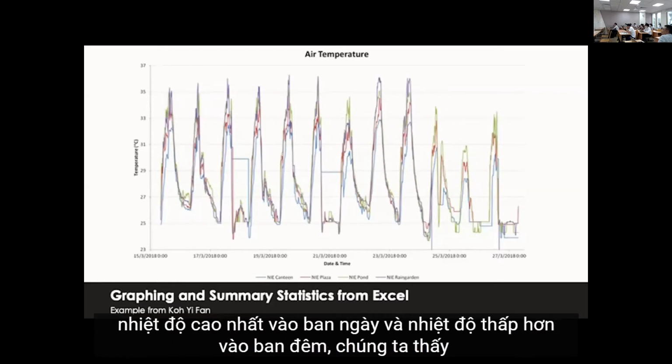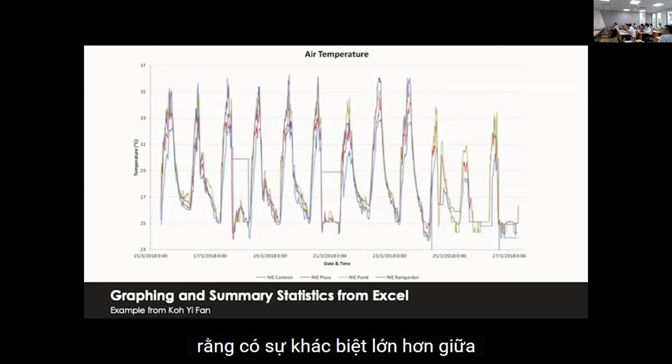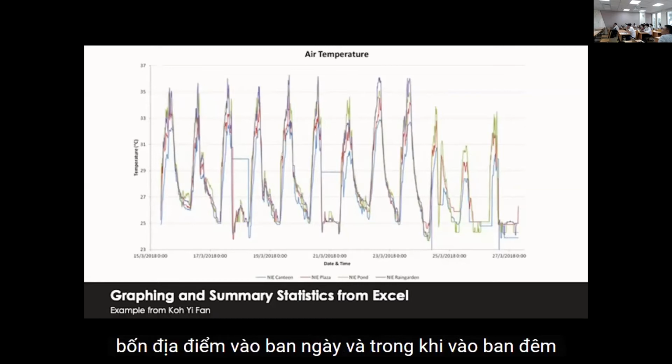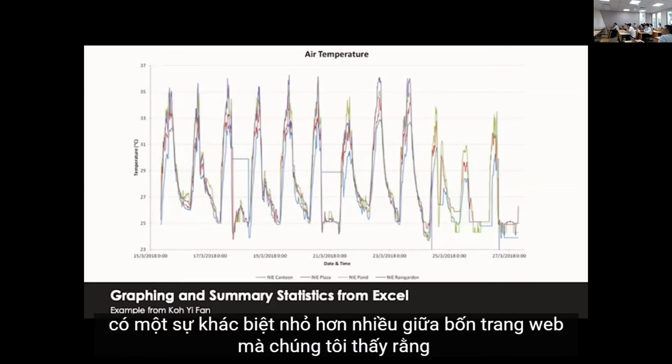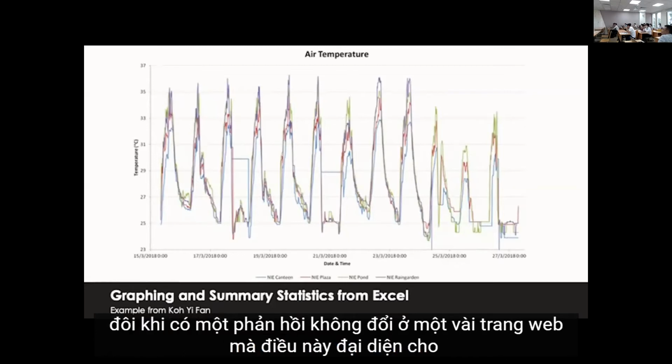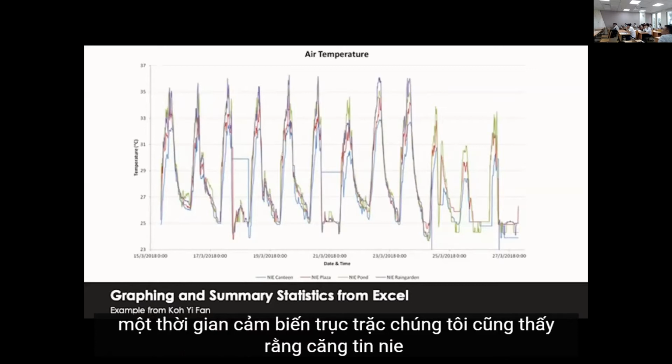We see that there's a greater difference between the 4 sites in the daytime, whereas at nighttime there's a much smaller difference between the 4 sites. We see that there's sometimes a flat response at a couple of the sites. This represents a time of malfunctioning sensor.